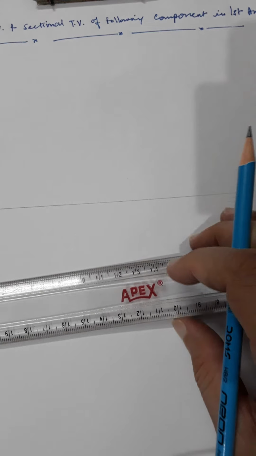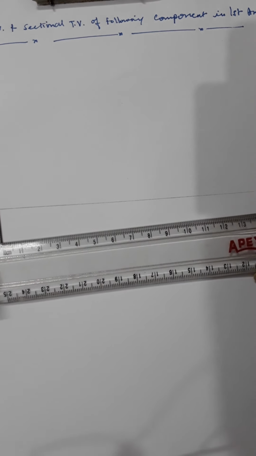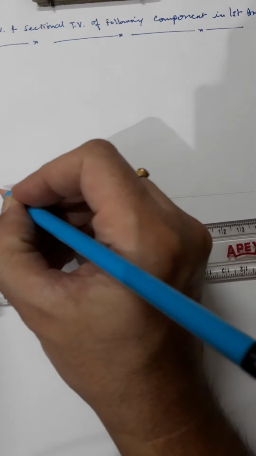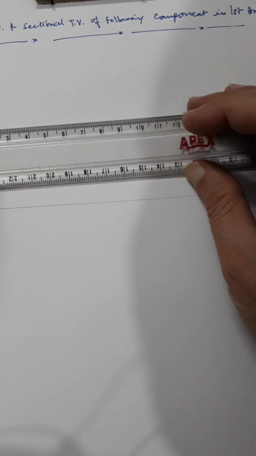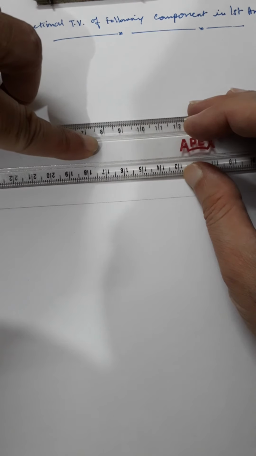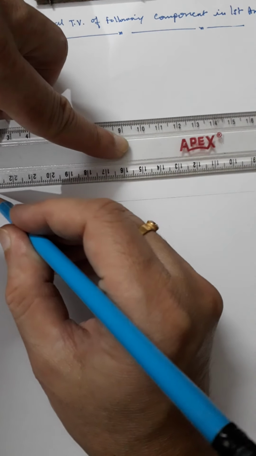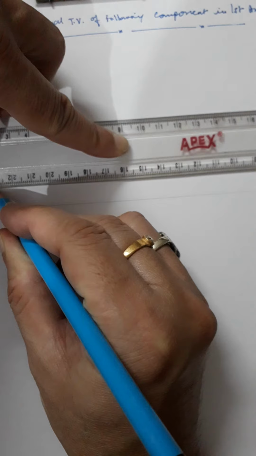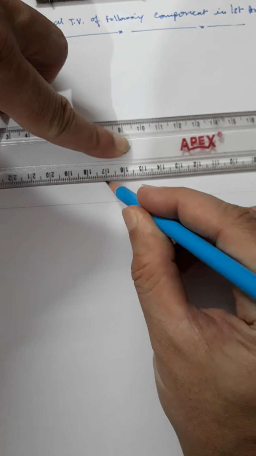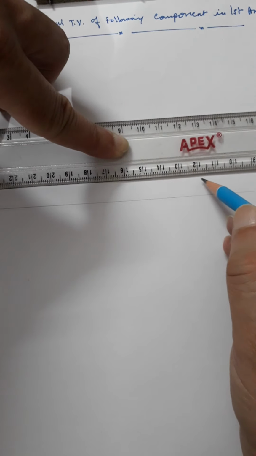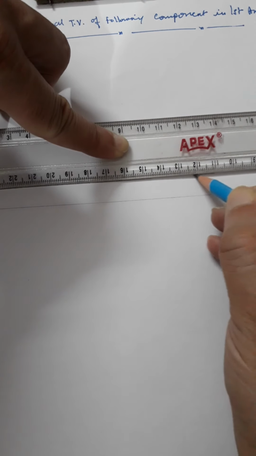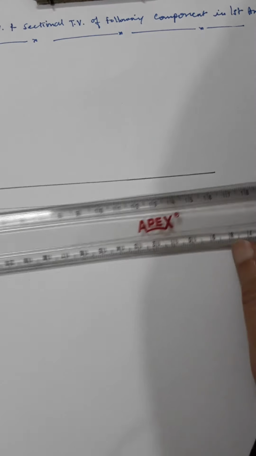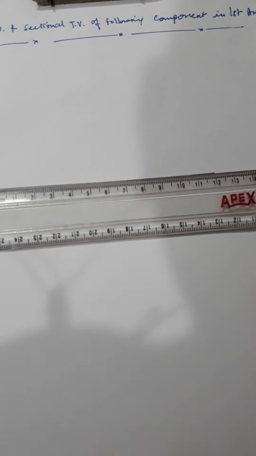Now I will be drawing. I will take a suitable distance of 10 mm from XY, and then draw the 120 mm long line. Yes, you can check, it is 120 mm. Now the height is 60.